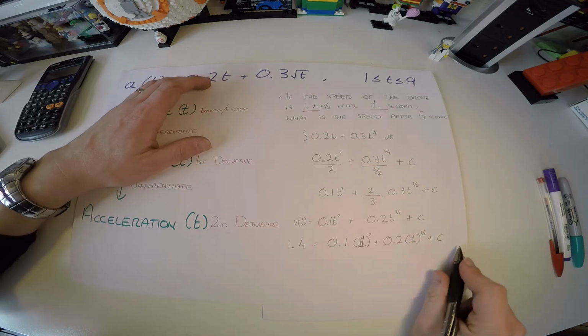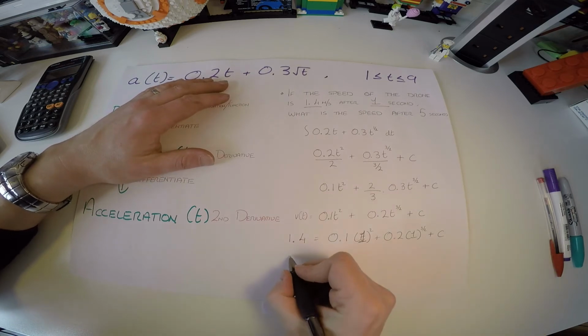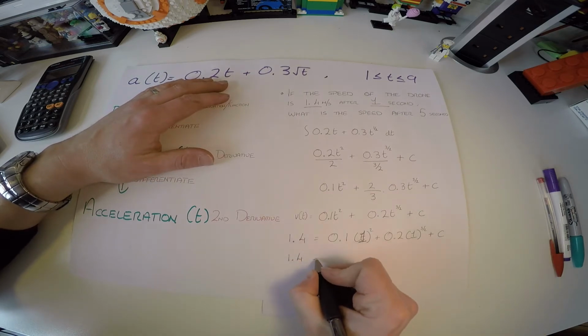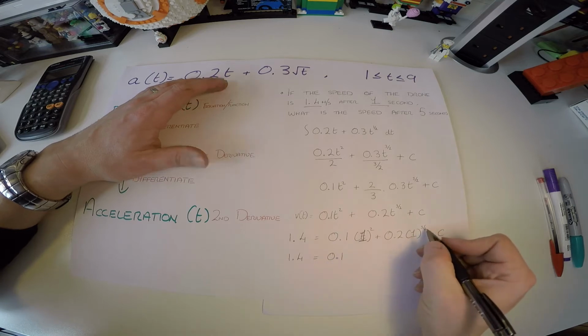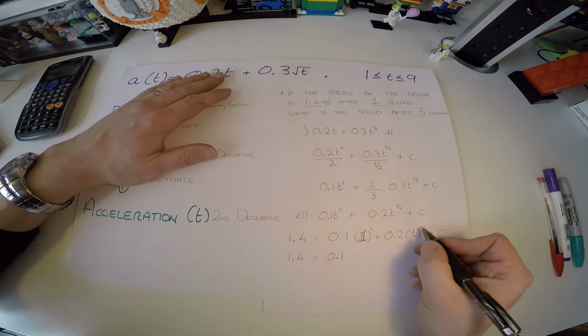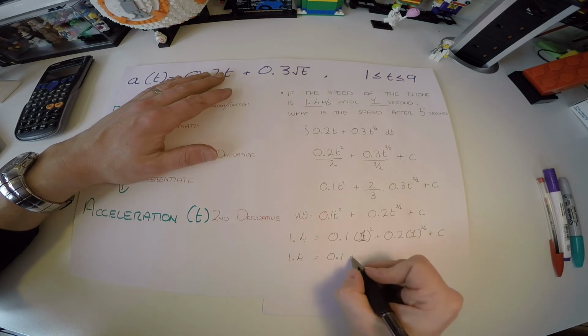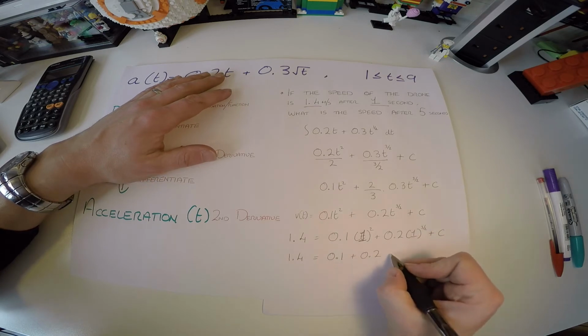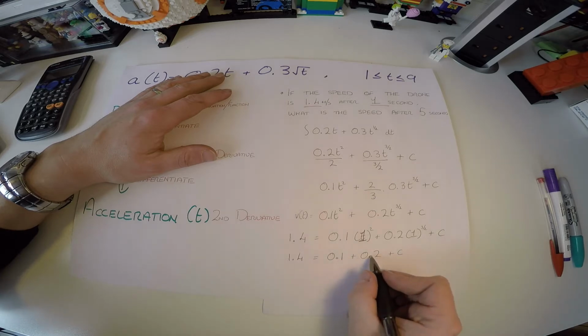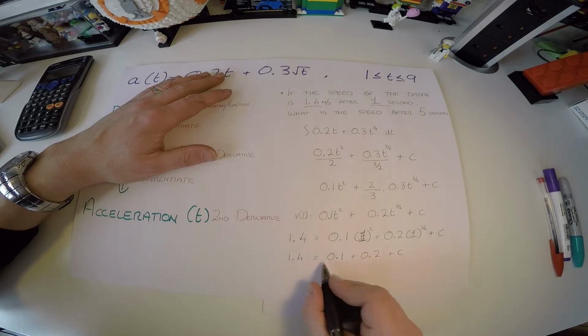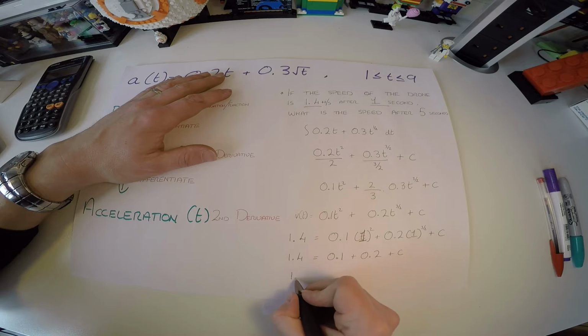Now we have one equation, one variable, we can solve that for c. It should be fairly easy. 1 squared is not going to do anything to the 0.1. Similarly 1 to the power of 3 over 2, if you cube it and then square root it, whatever you want to do, it's going to be 1. So it's 0.1 plus 0.2 and a plus c. When we bring these together, it's 0.3. Bring that over, that makes 1.4 minus 0.3, which is 1.1.